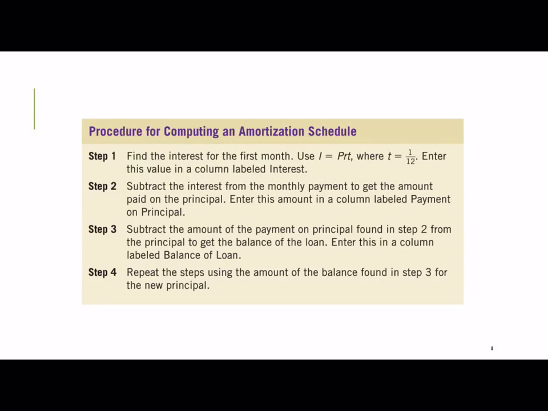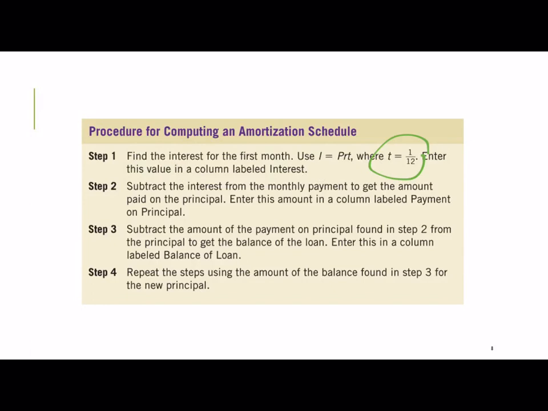If you just wanted to do I = PRT, it only works if you're looking at a single compounding period. Otherwise, you need to make modifications to the principal, and there's no way to do that for multiple months of a mortgage. So we're doing this only because we're looking at just a single month, a snapshot of this mortgage.